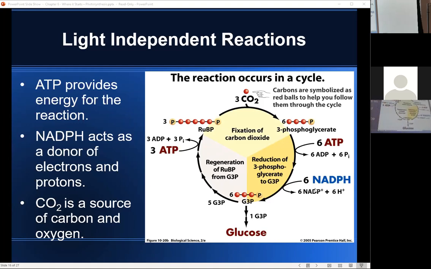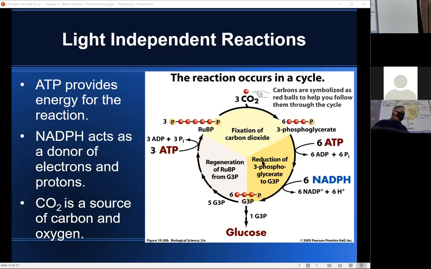CO2 is a source of carbon and oxygen. And this is something that always kind of blew my mind: the carbon that goes into glucose comes from the air. So just remember, the next time you're putting sugar in your coffee or having spaghetti, that at one time the carbon that went into that glucose was in the air, which for some reason always kind of amazes me.